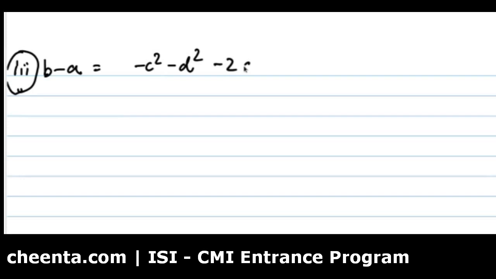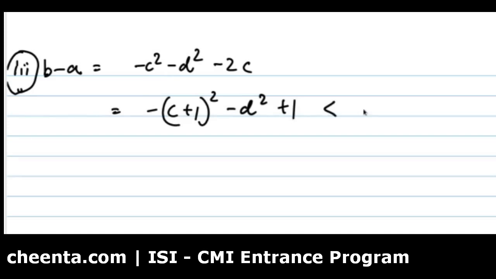Part 3 is again the same type. So b minus a can be written as minus d squared minus d squared and minus 2. So this can be written as minus of c plus 1 whole squared minus d squared and plus 1, right?